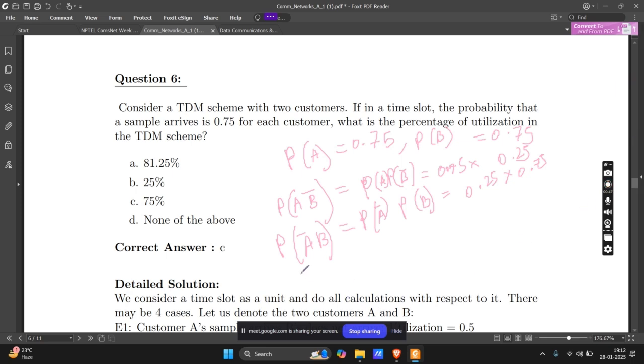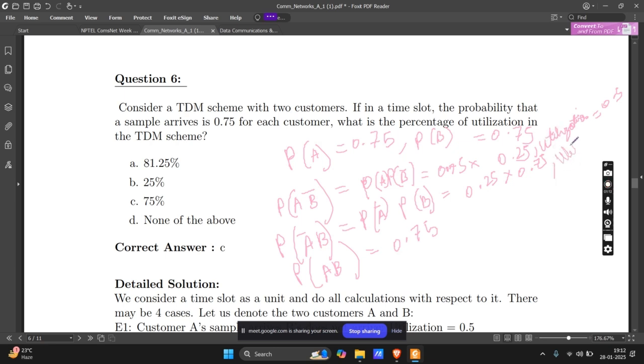But when both of them arrive, that is 0.75 into 0.75, then utilization is 1. Here, in the cases with one arrival, the utilization is 0.5.